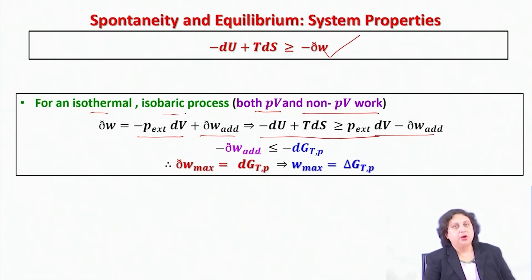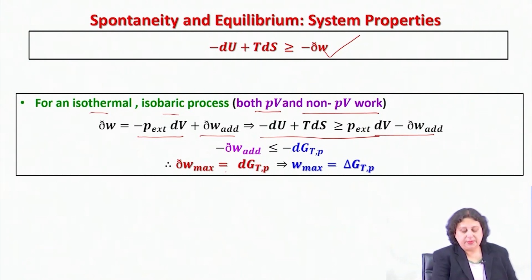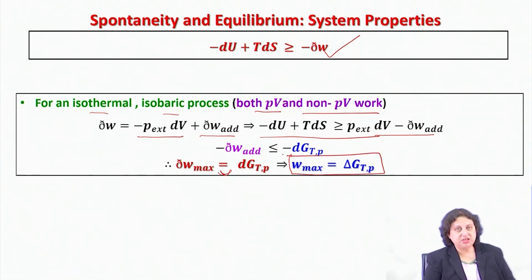And therefore, when I argue that at equilibrium under the reversible process condition, the maximum work obtainable from the system will be when the equality sign holds, and therefore I can say that W max is delta G_TP.